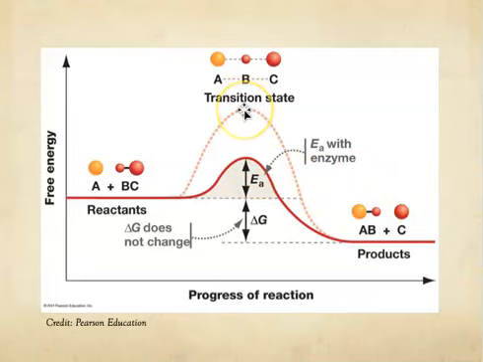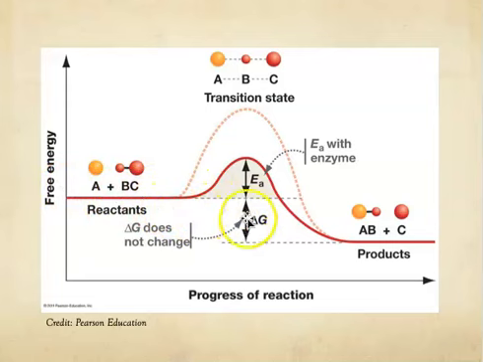When we added the enzyme, we lowered the EA, we lowered the activation energy, the energy needed to hit the transition state. But you know what we didn't do? We didn't change the delta G at all. The energy associated with the products and the energy associated with the reactants, that didn't change.